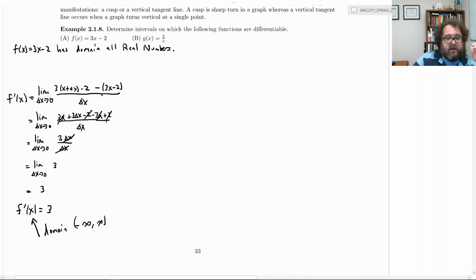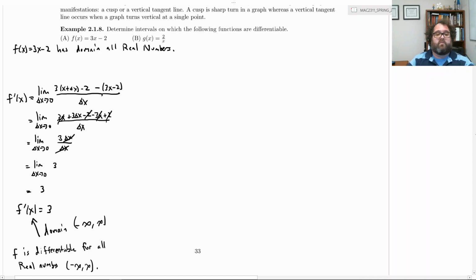So we can say, I guess in our conclusion, f is differentiable for all real numbers. So negative infinity to infinity. Okay?